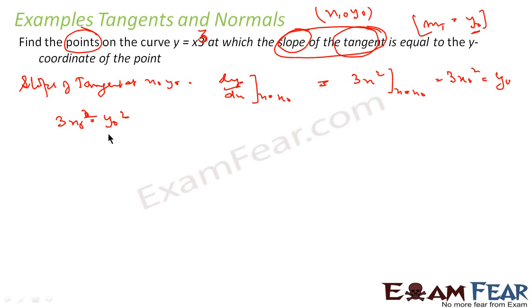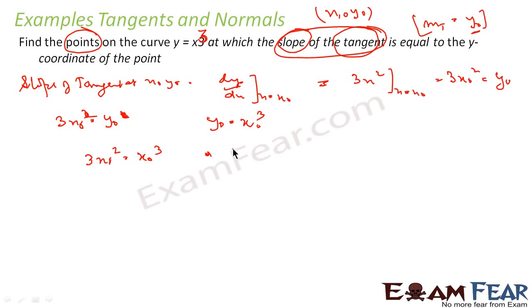Now I have an equation in terms of x and y. I have to find the value of x. So let's somehow convert this into a whole x equation. I know that y naught is nothing but x naught cube, because y is equal to x cube. So if I merge this equation, I'll get 3x naught square is equal to x naught cube.